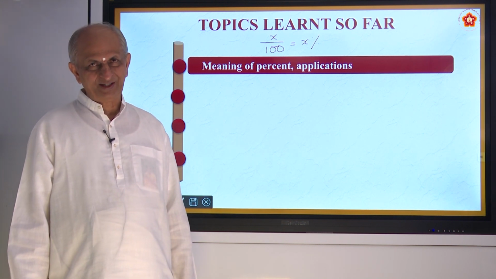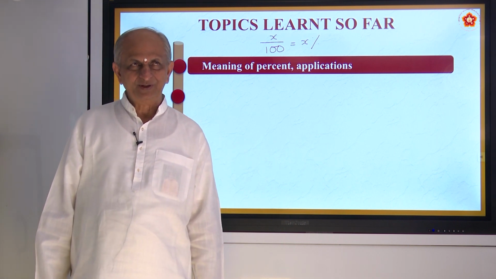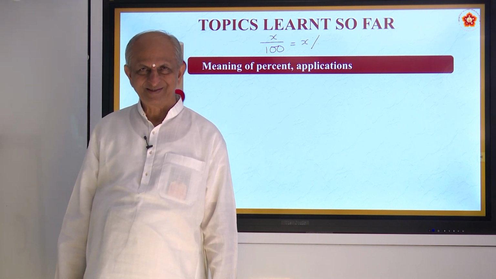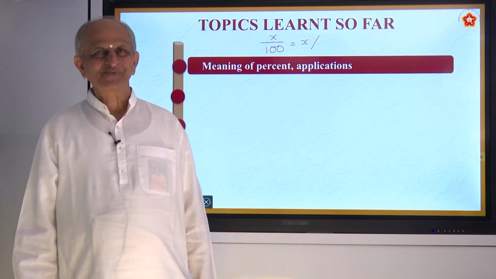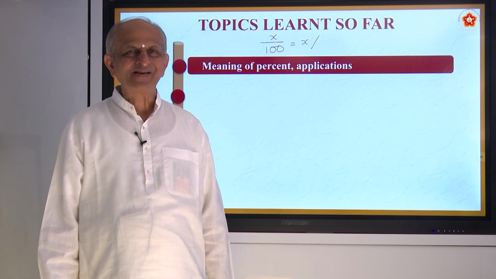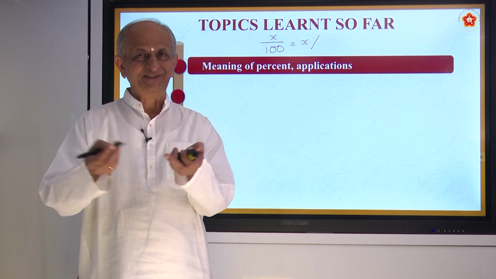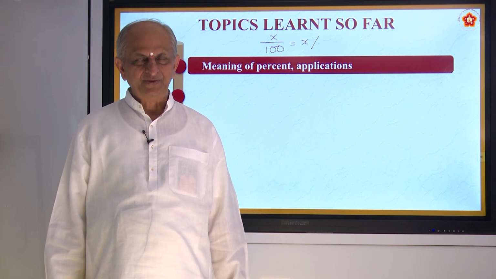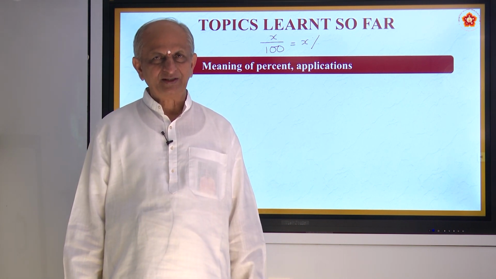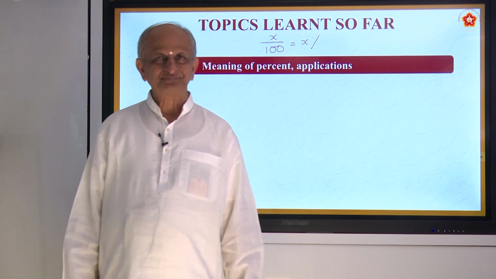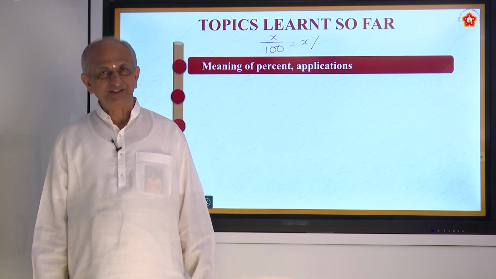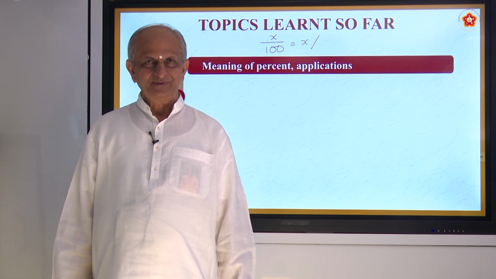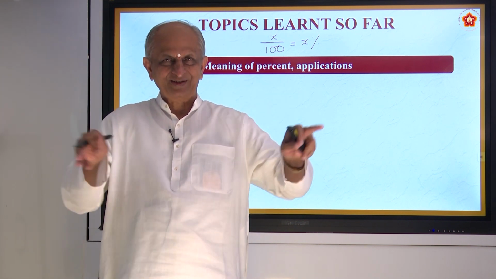Just now I was telling you about applications. The commercial world uses the word percent so much. Stock markets, is it not? And in the seasons of Diwali, Dasara, Christmas, etc., there will be a discount. Of course, they show the discount.